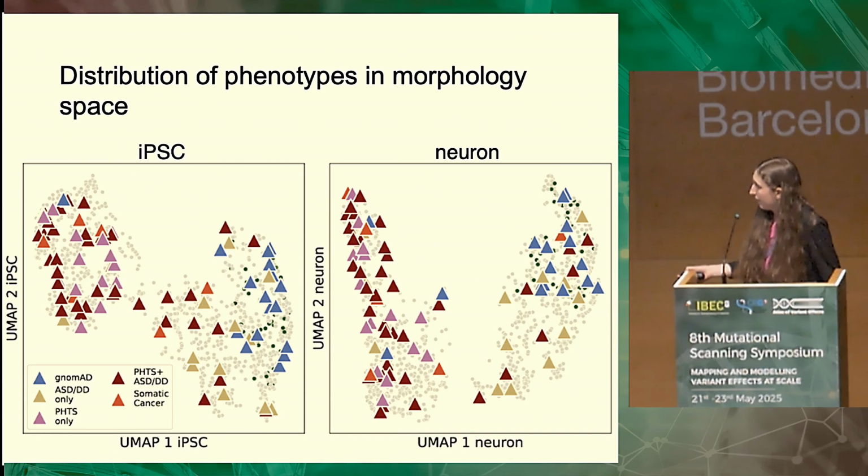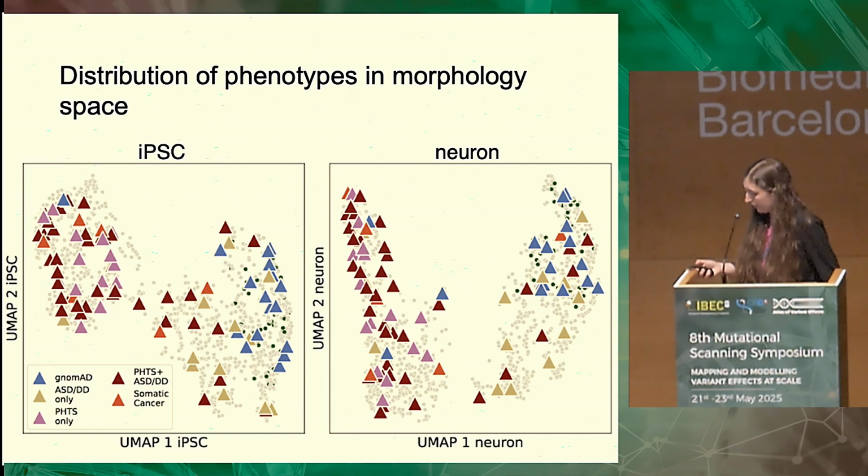And we see that many of the variants associated with either PHTS or somatic cancer are showing up in this left area of the UMAP, which makes sense given their published decrease in phosphatase activity. And then interestingly, the autism variants are less often there, which corresponds with previously published results that show that we don't see that same decrease in phosphatase activity for those variants.